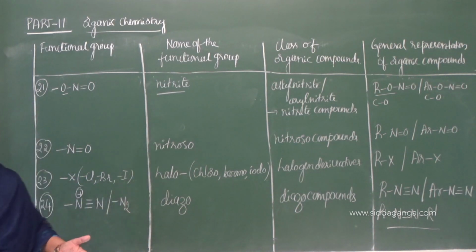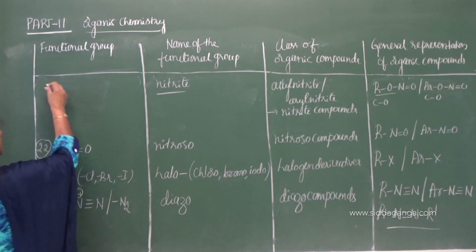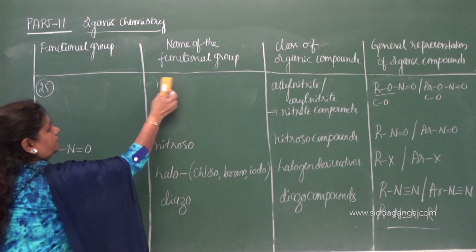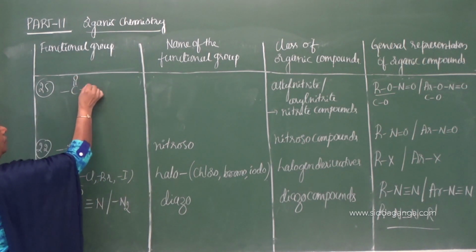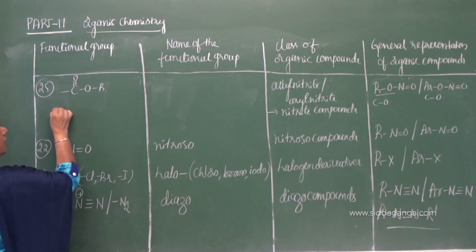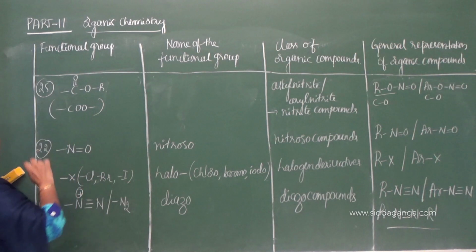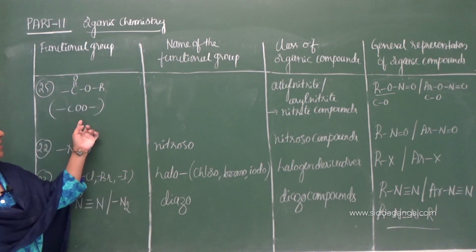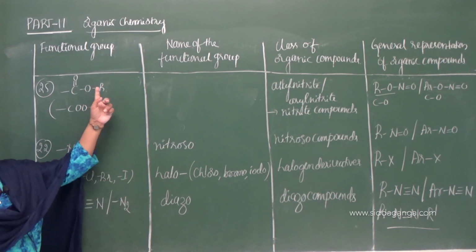One more functional group is very important, the 25th, and that is C double bond O, O, R, or you can also write it as the COO group. This is actually a non-terminal functional group, but this oxygen is always bonded to an alkyl group.